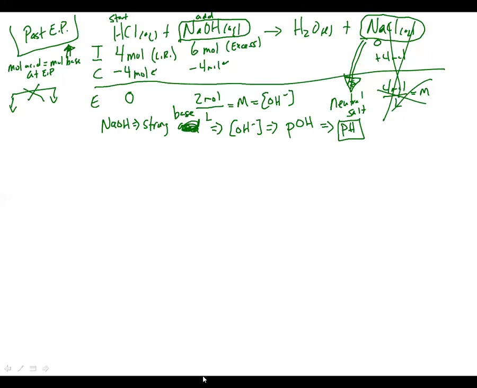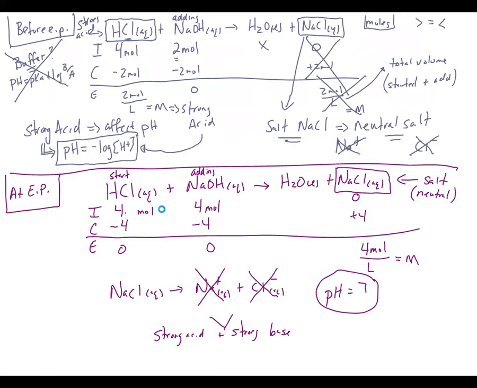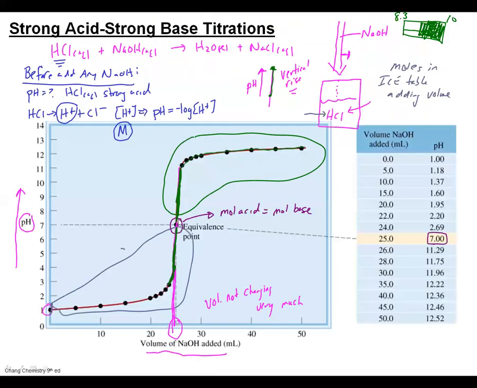Once you do so, that will give you your hydroxide concentration, and that will allow you to calculate the pH of that solution at that point. And that's why when we look at the curve here, we see a jump in pH, because essentially you're just adding a lot of strong base, which is going to generate a lot of OH minus, and that OH minus is going to make the solution go basic.